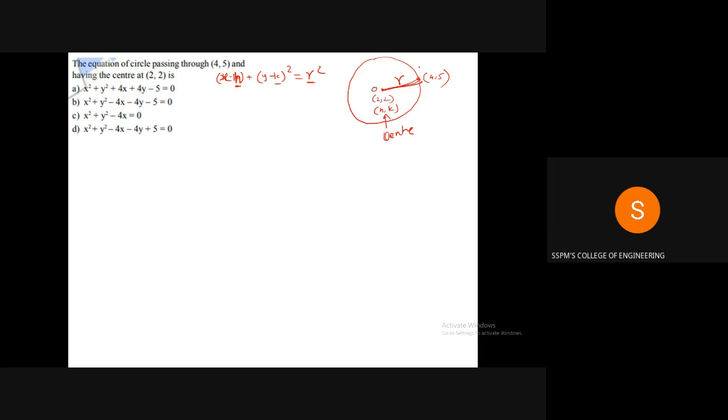Suppose this is O, this is A. So we will find the distance by the distance formula.